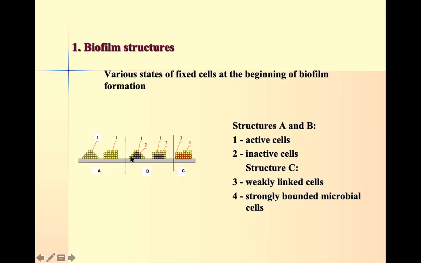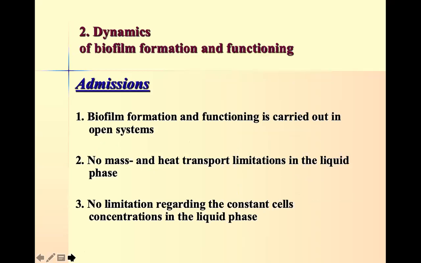But when the exopolysaccharide structure is formed, some cells inside the exopolysaccharide remain inactive, but they hold the biofilm structure. And here you see the strongly bound microbial cells. The red color means some polysaccharides are tightly bound and attached to the carrier, and some are weakly linked. So this is the way they form the biofilm structure.